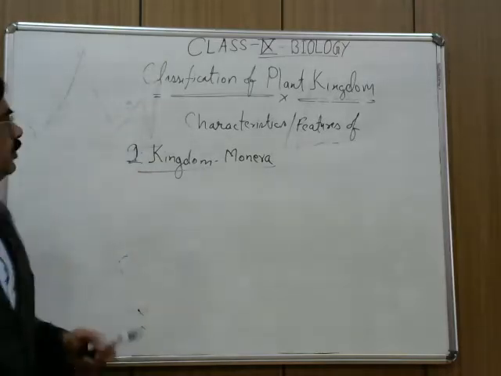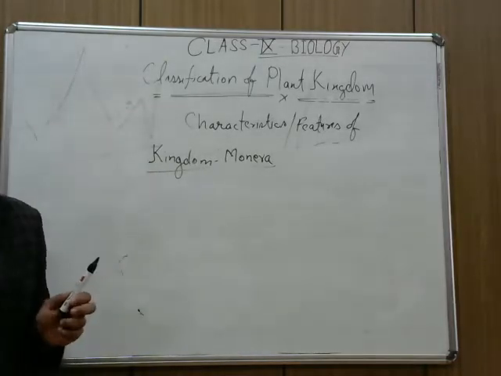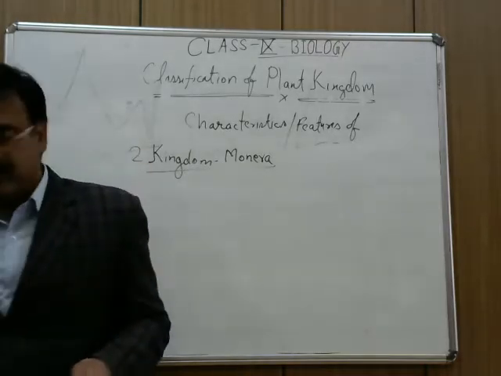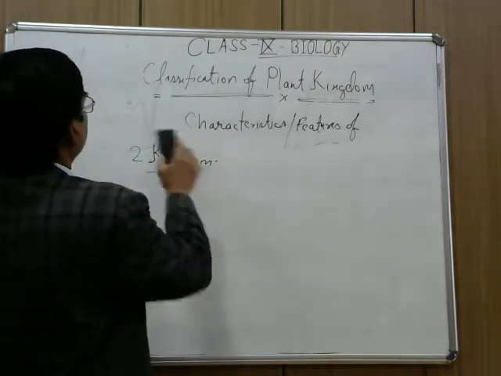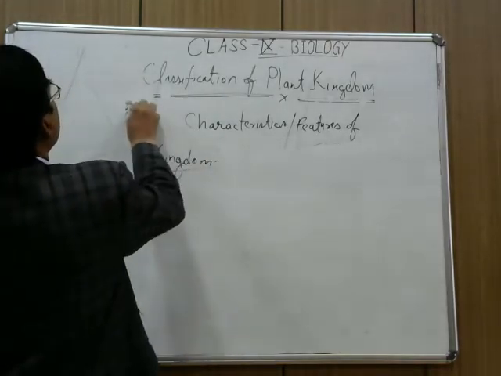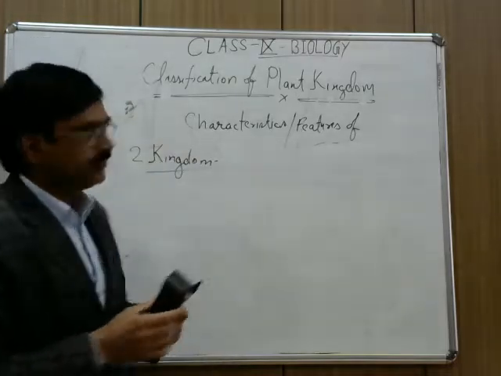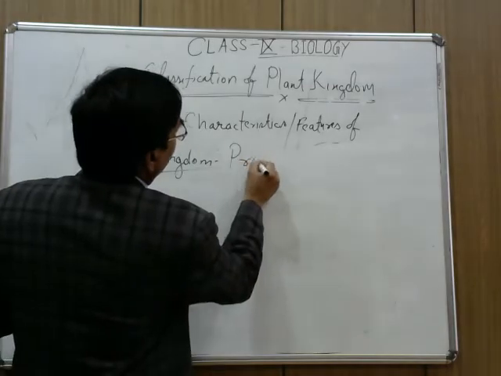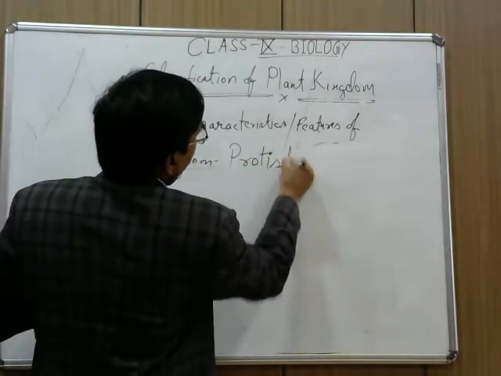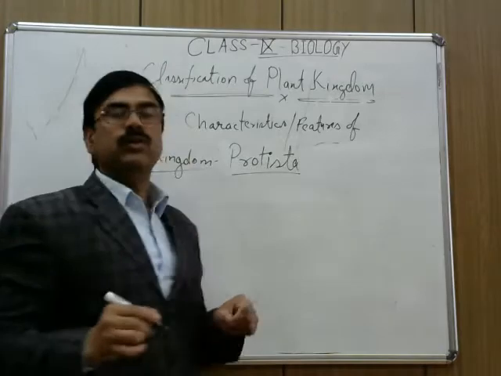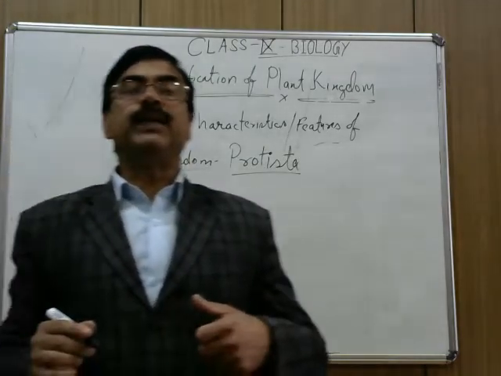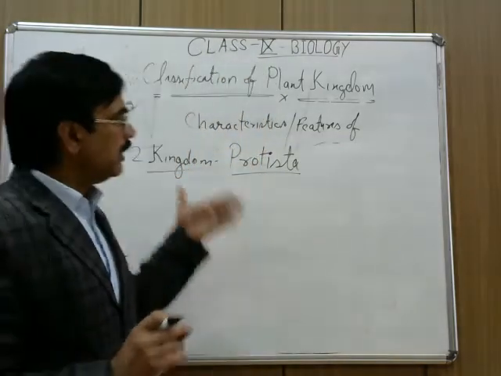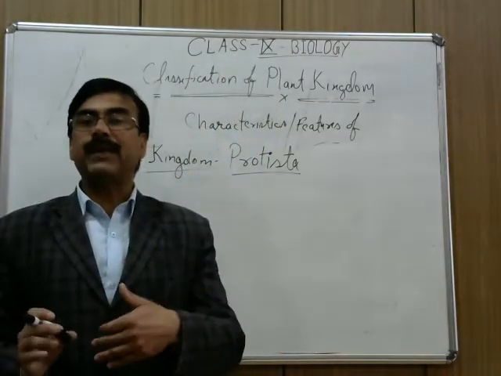kingdom number 2, you can write Protista. As you know, in the Protista you will notice the characters of the amoeba, Euglena, paramecium.